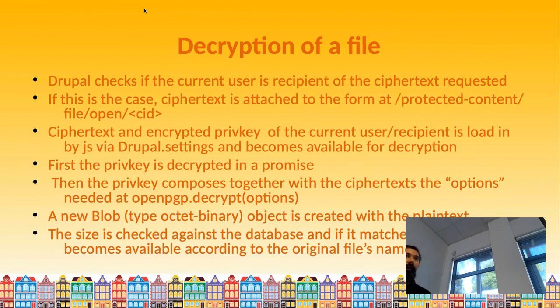So it stores some metadata in the database. When a user does the encryption, I'm storing how long it took to do the encryption, and which browser the user had.